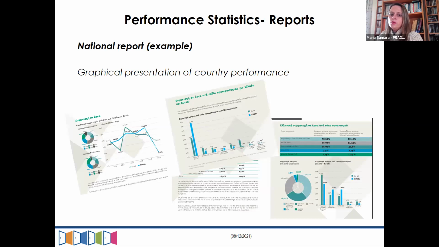After the introductory part of the report, we can include a graphical representation of the country performance with different diagrams and tables. Always remember to use the reference period and the source of data under each figure and under each table. The selection of the correct diagram is also important.